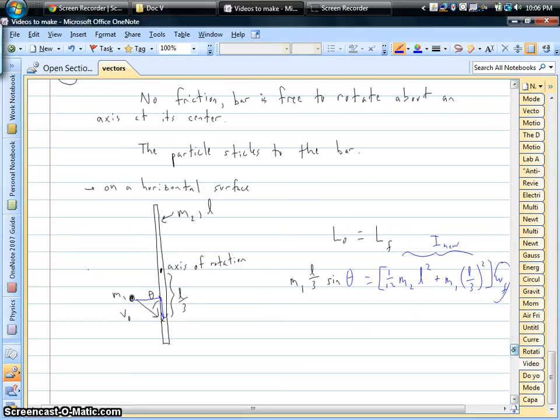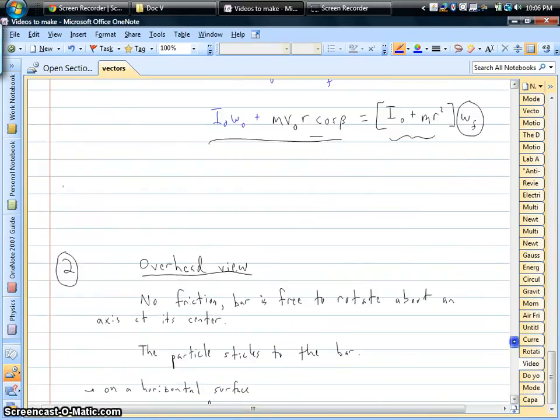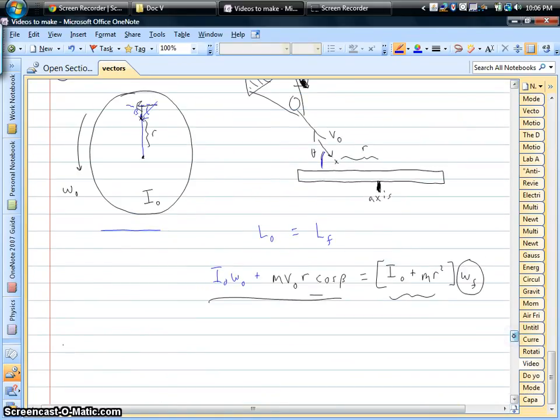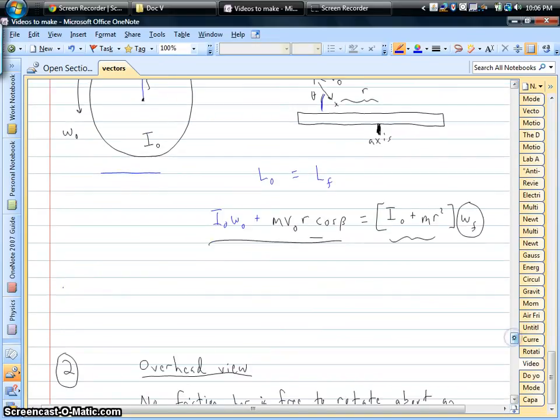We're trying to find that final angular speed. Okay, so this is a basic kind of setup. If there aren't any net external torques acting on the system, angular momentum is conserved. And for the setup of these problems, you can think of a lot of different versions and pictures to draw, but the physics will basically be the same.